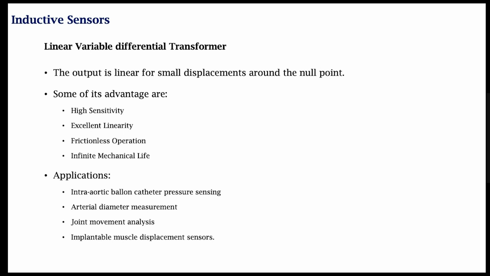So quite often we use this sort of hermetic sealing and captive core design to improve the shelf life, to improve the frictionless operation. Another advantage is that there will be no contact possible. It is impossible for the core to ever come in contact with the coils, thus ensuring absolute electrical isolation.